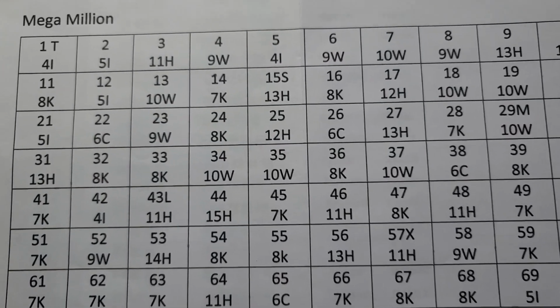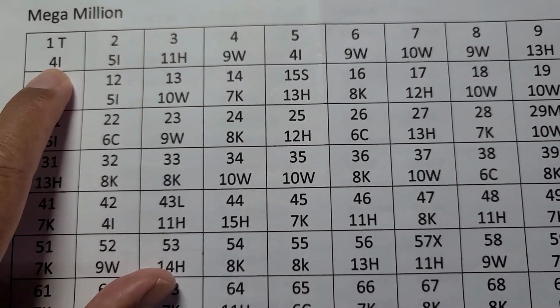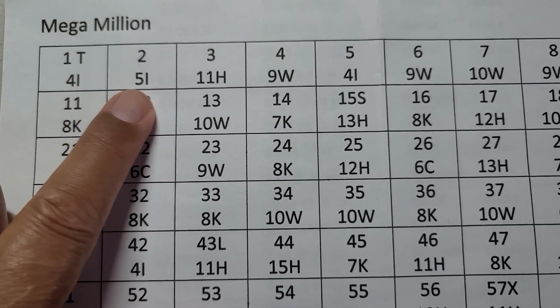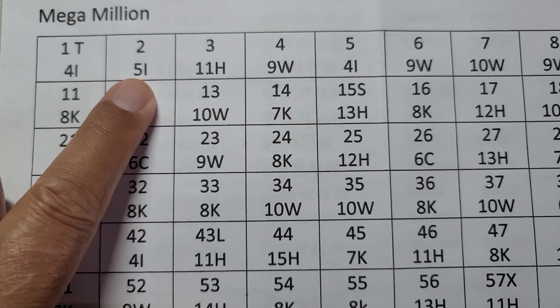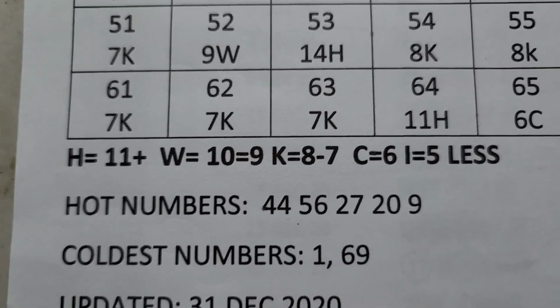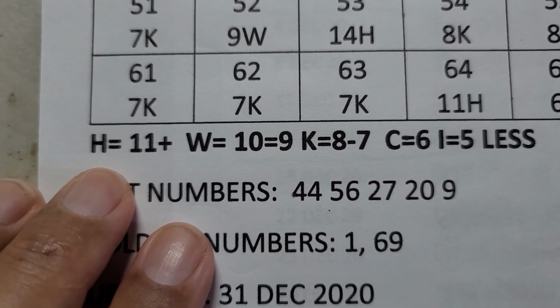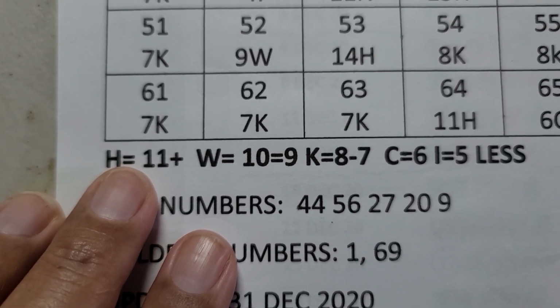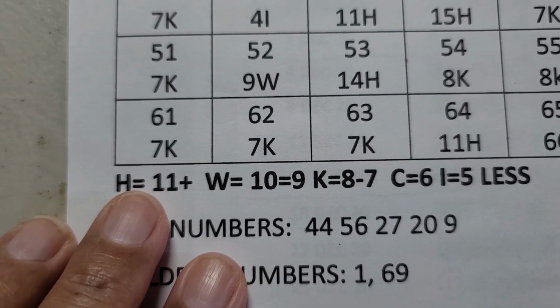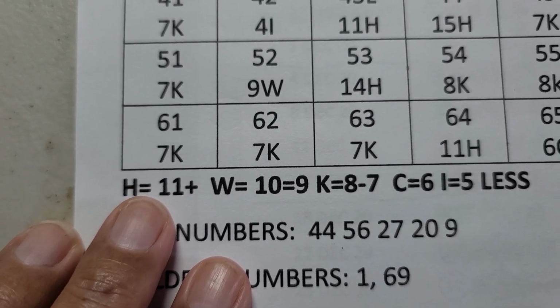And right next to the numbers, which leads me to the categories of the numbers, each of these numbers is categorized with the letter next to it. And what do these letters mean? Well, these categories are based on frequency. How often are these numbers appearing? The H designation is hot.